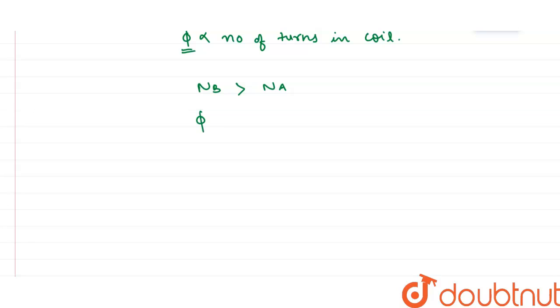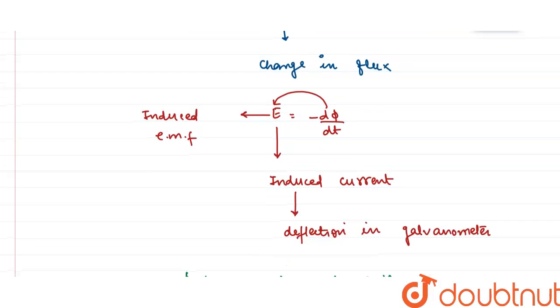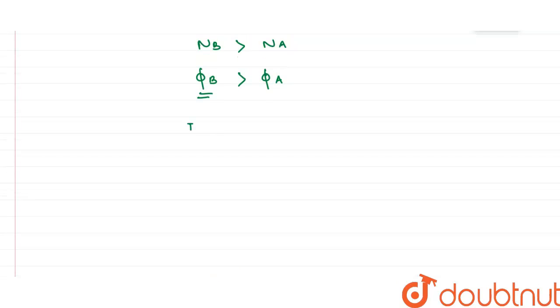That means flux associated with B is greater than flux associated with A. When flux in B is greater than flux in A, that simply means the magnitude of induced EMF is also greater in coil B than coil A. The induced EMF in B is also greater than the induced EMF in A.